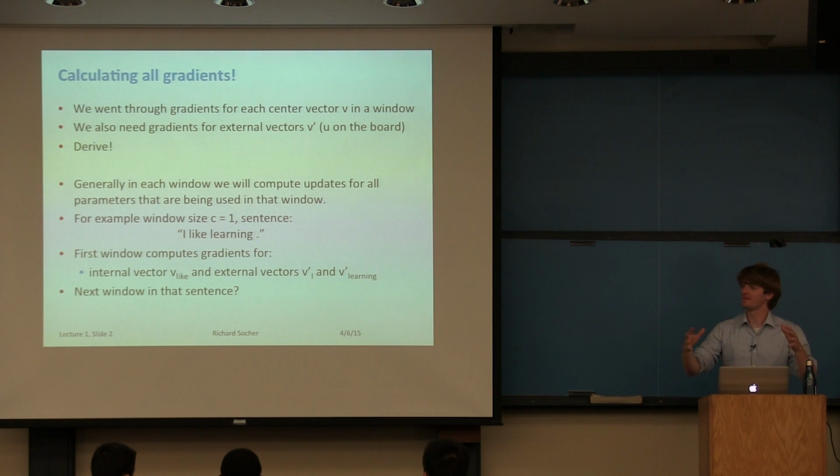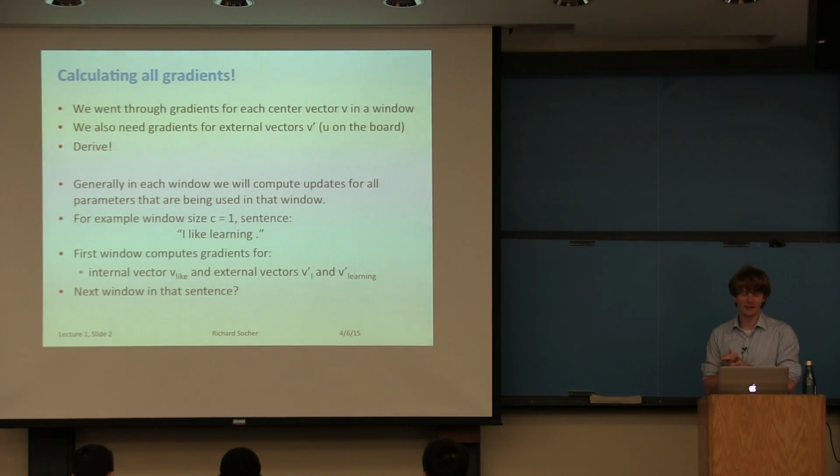When we use a specific set of weights, we'll update those weights during training. So let's look at the example here. If I have the sentence I like learning, and my C was only 1, so I only look at one word to the left and one word to the right that I try to predict, then in that first window we'll compute the gradients for the internal vector v for like, and the external vectors v prime I and v prime learning.